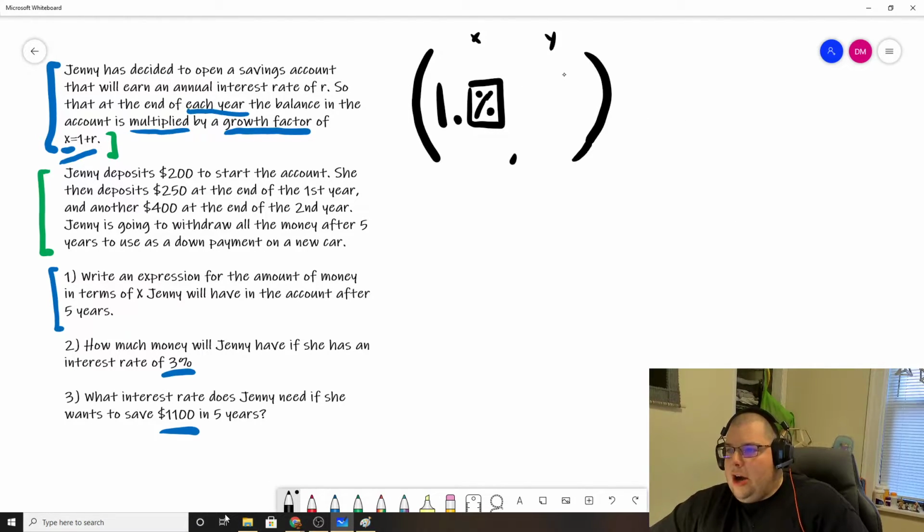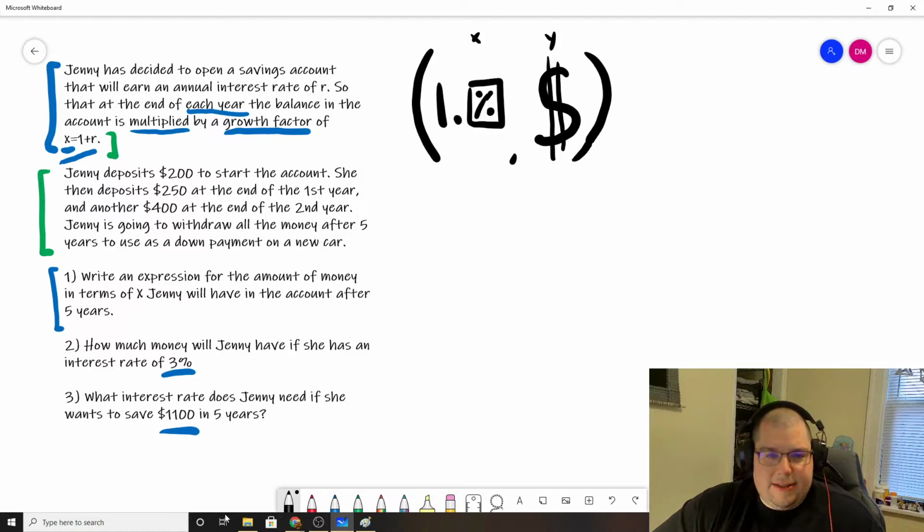And then our Y value is going to be money. That's what Y represents in this case, the amount of money in Jenny's account, and X is going to be 1 plus the interest rate. So we want to keep that in mind when we solve number 2 and 3. But right now, we want to solve number 1.